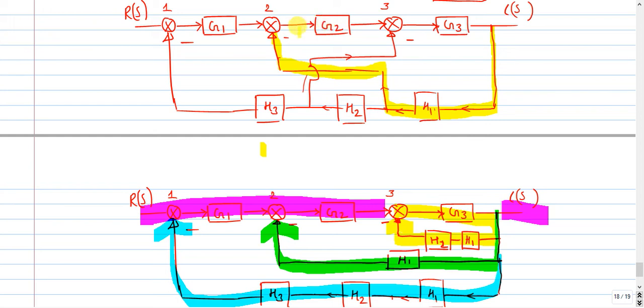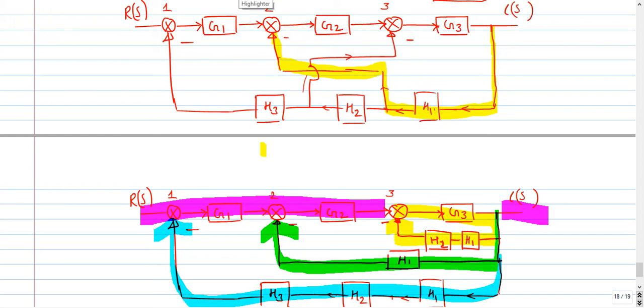I don't say it as a minor loop, just a loop: starting with a summing point, moving along and reaching the same point. So that we call a loop. The starting position is the second summing point, and the signal moves along G2, summing point 3, G3, and takes a feedback through H1 and comes to the same point. We call this a loop. This is the first loop.